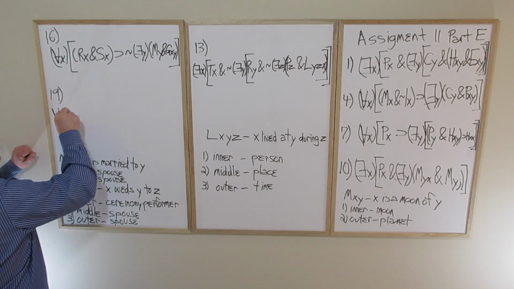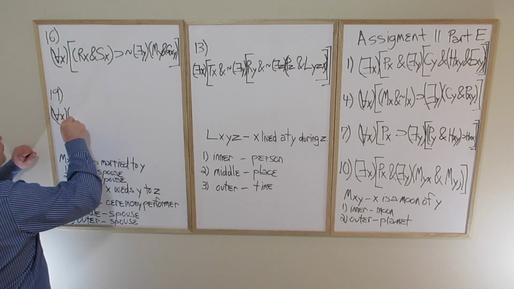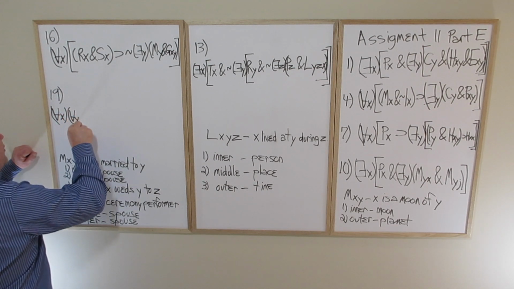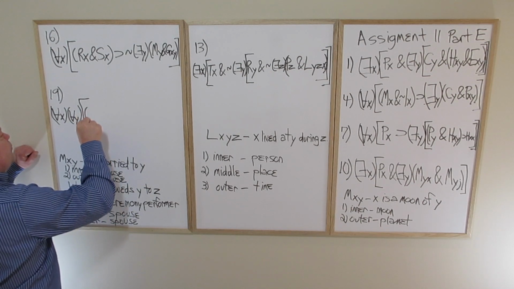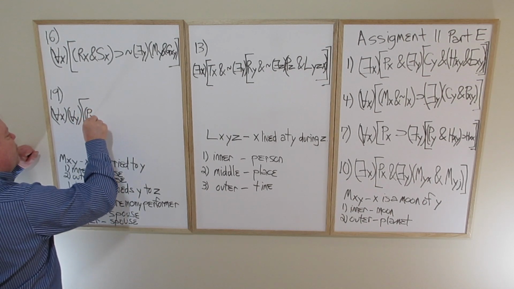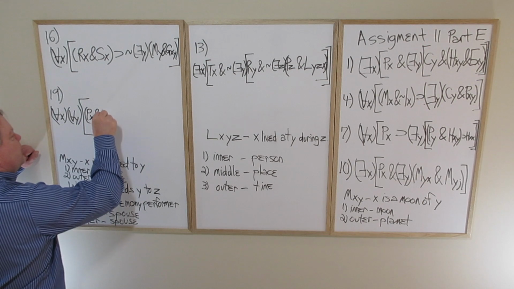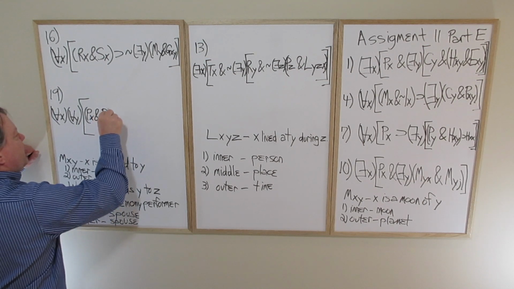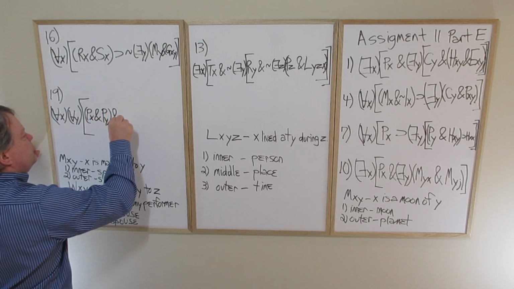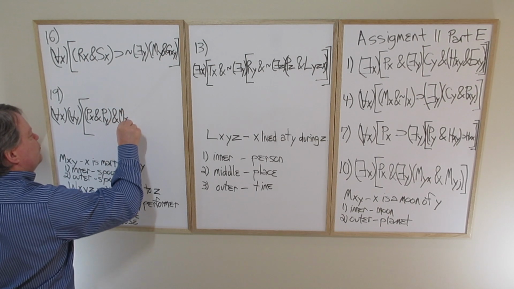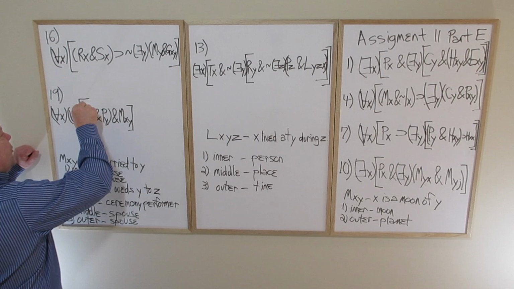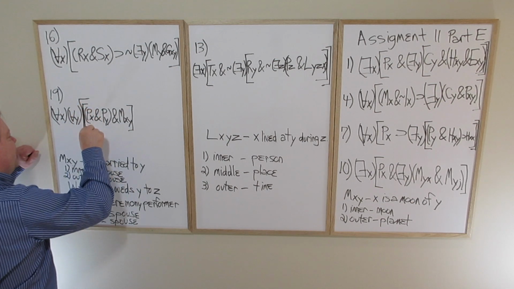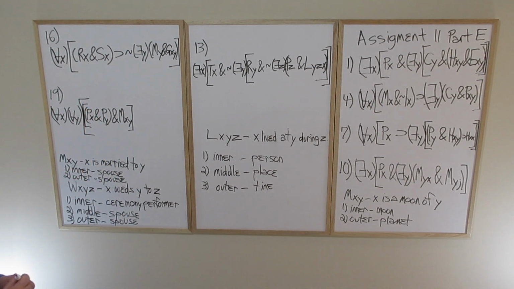All x and all y are such that if x is a person and y is a person and x is married to y, or you could have y married to x, given that this two-place relation is not ordered.